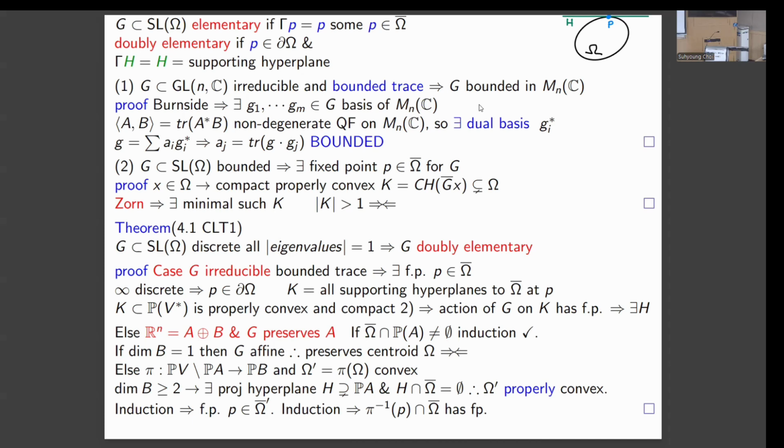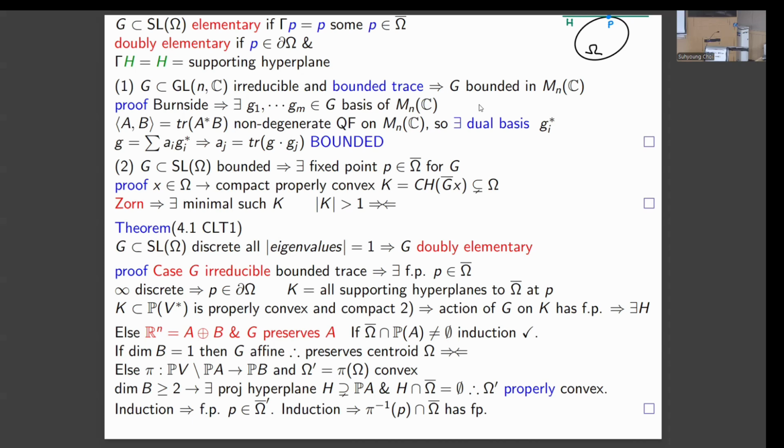If you take a point in omega, you can orbit that point by the closure of this group. The closure of the group is going to be bounded as well. And if you take the convex hull of that, you'll get a compact, properly convex set in the interior of omega, which is preserved by G. Now, Zorn's lemma tells you there's a minimal such set, and that minimal such set's only got one point in it because otherwise you could do this to it.